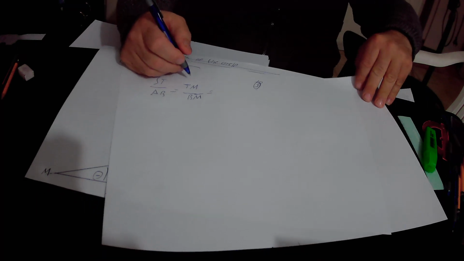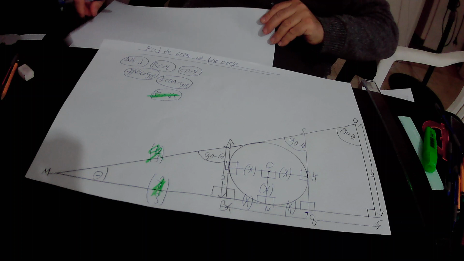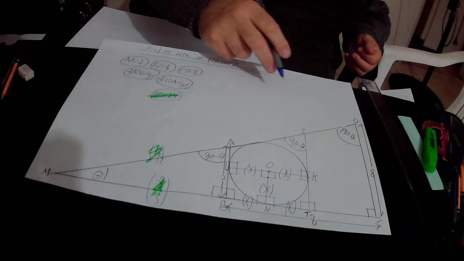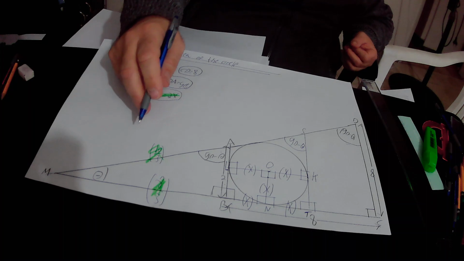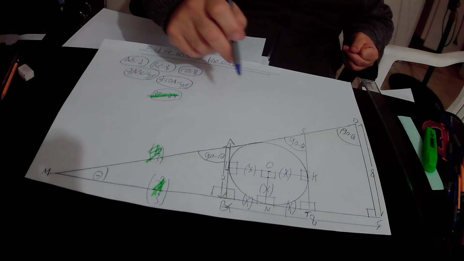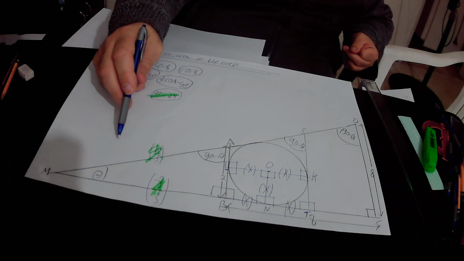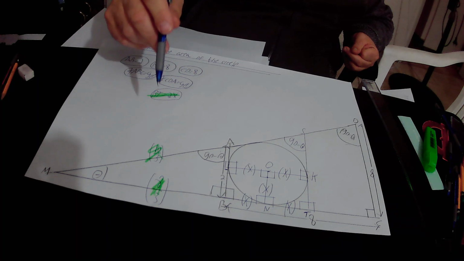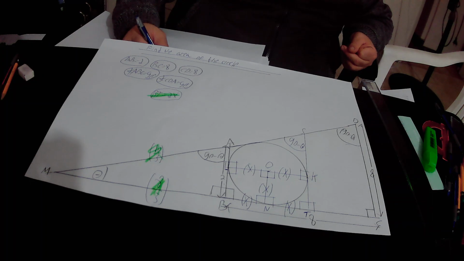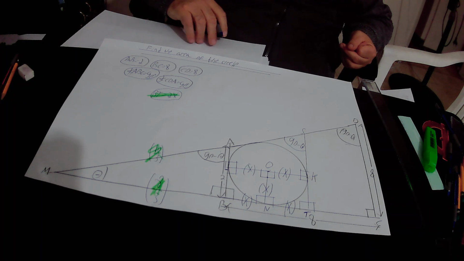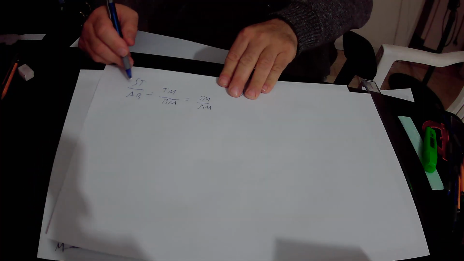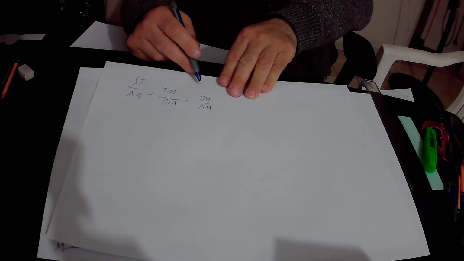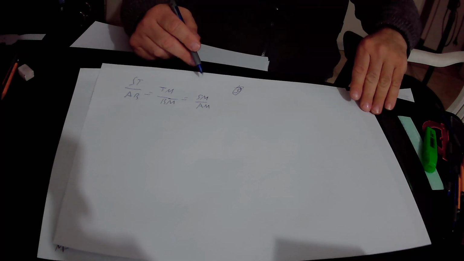And also that side SM in the right middle triangle STM over side AM in the right small triangle MBA. So in conclusion, we found out that ST over AB equals TM over BM, and it is also equal to SM over AM.